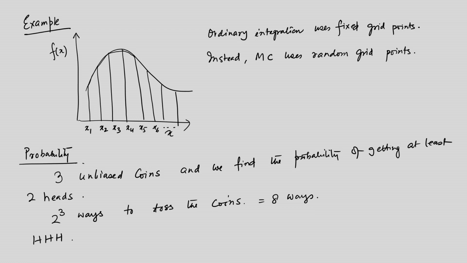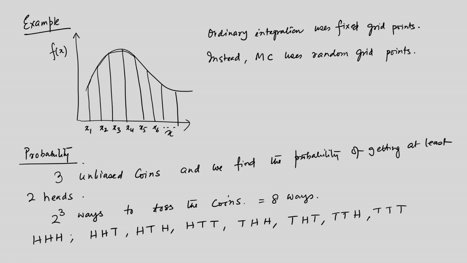All 3 coins could yield heads, or 2 could yield H and 1 T: H T H, H T T, T H H, T H T, T T H, and T T T. So, there are these 1, 2, 3, 4, 5, 6, 7, 8.